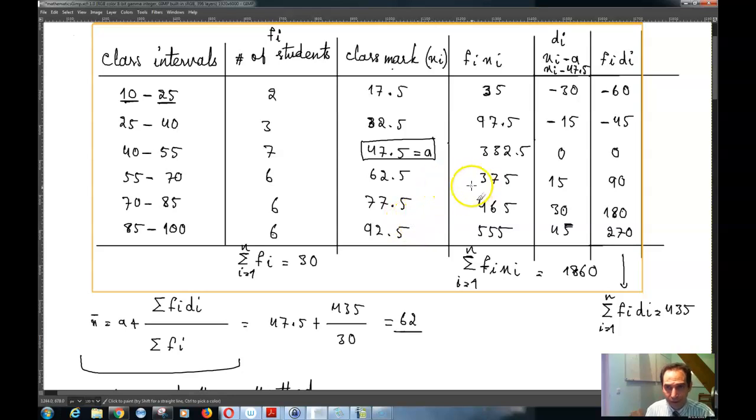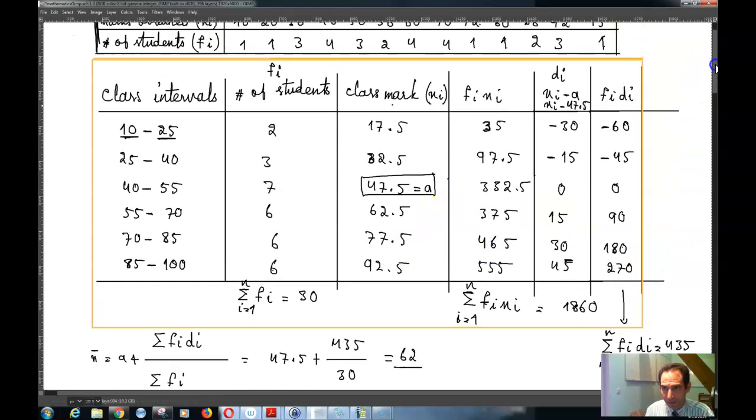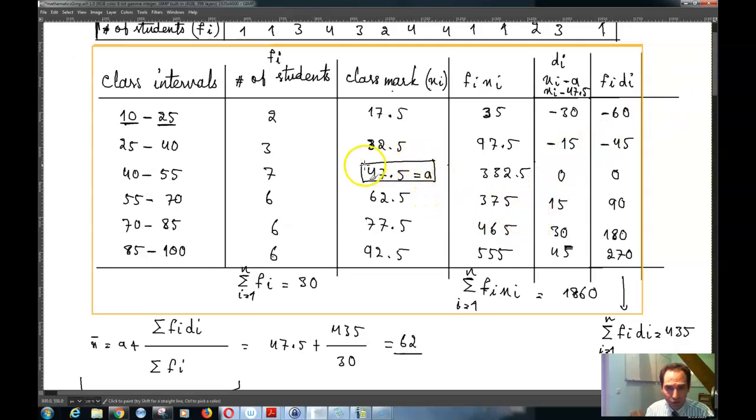Of course, in this case, if you take your assumed mean, which is the value of any of these numbers, the answer is going to be 62. It's not going to change, because it doesn't really matter what value you take as a. In the algebra, at the end of the day, it's going to work for you. So the choice of a is not important here.